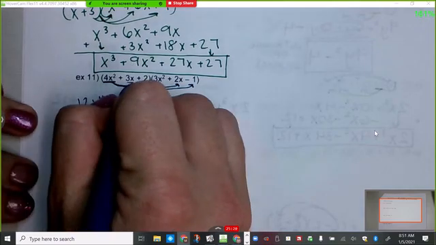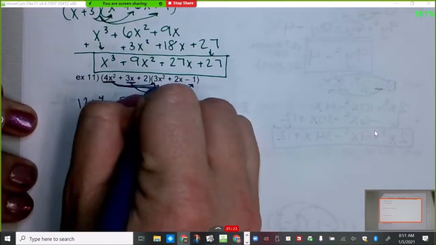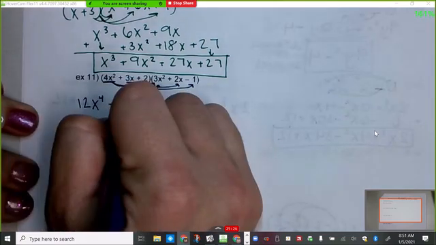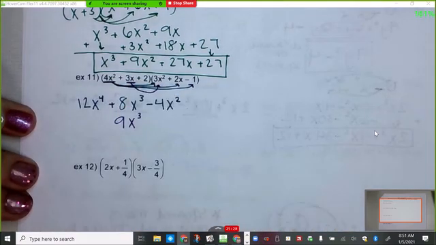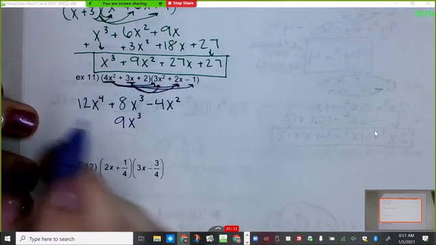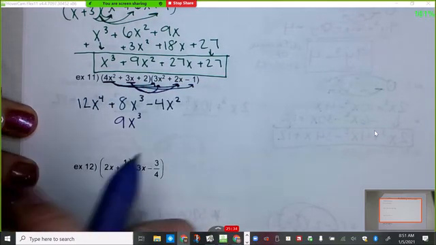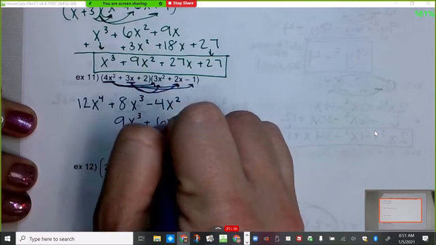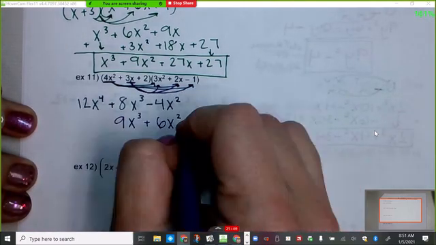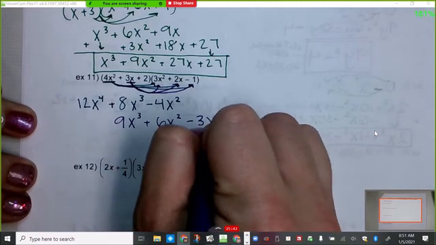Then we have the 3x. What's 3x times 3x squared? 9x cubed. So I'm going to line it up with the other cube. 3x times 2x. So this plus 6x squared. And then 3x times negative 1 is just negative 3x.